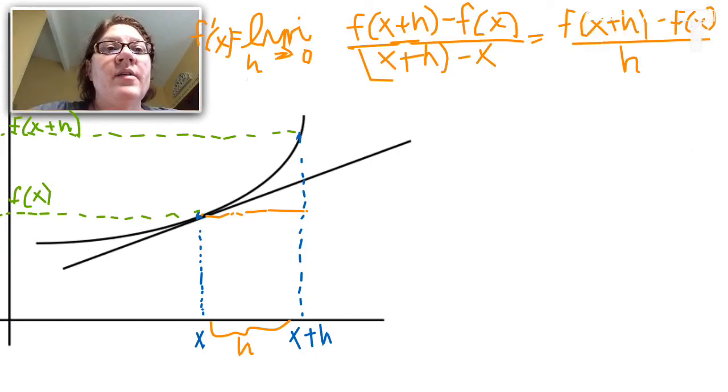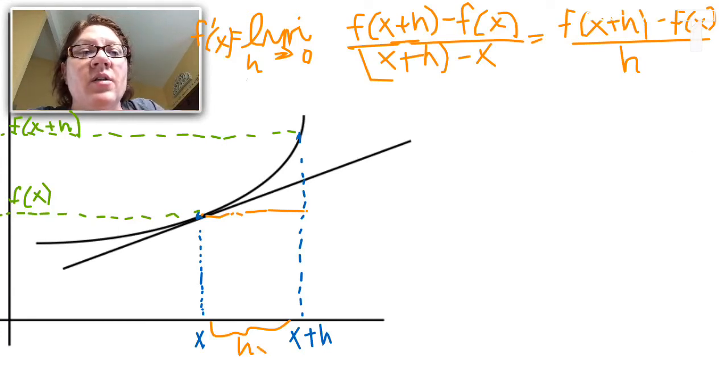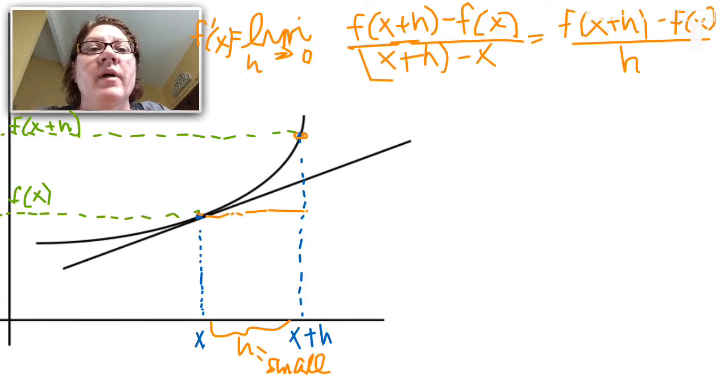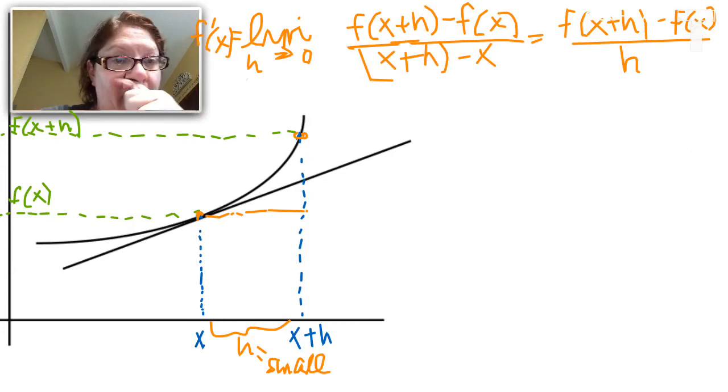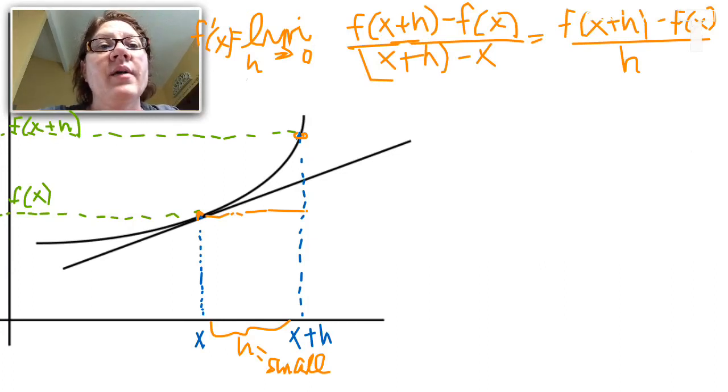So imagine that these 2 points on the curve are not really all that far apart from each other. In other words, h is really small. So I would be moving this second point up here closer and closer to my first point, making h practically nothing. So now, if I use the tangent line, I can approximate these values.